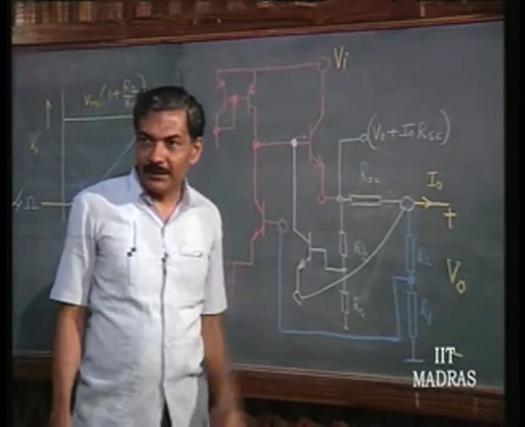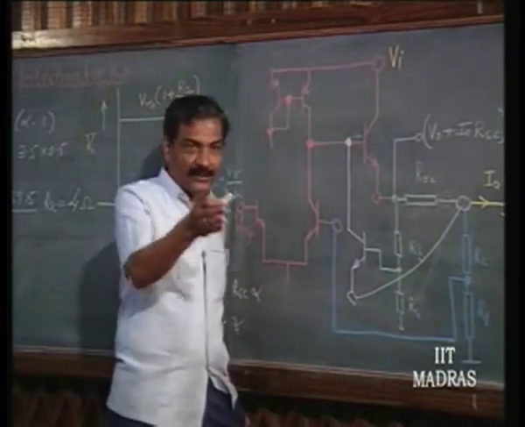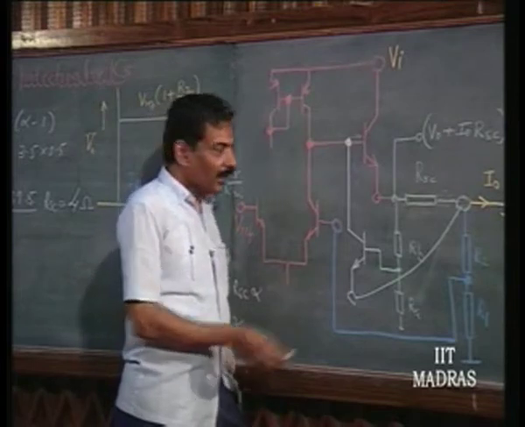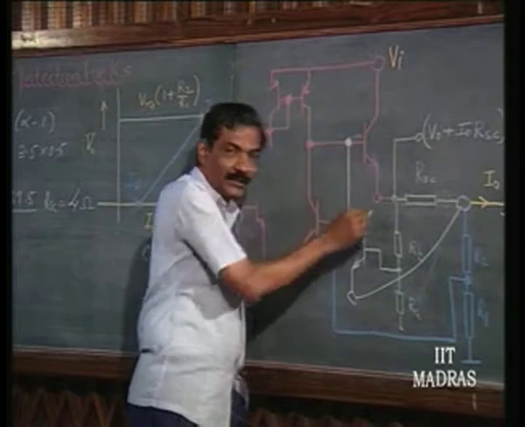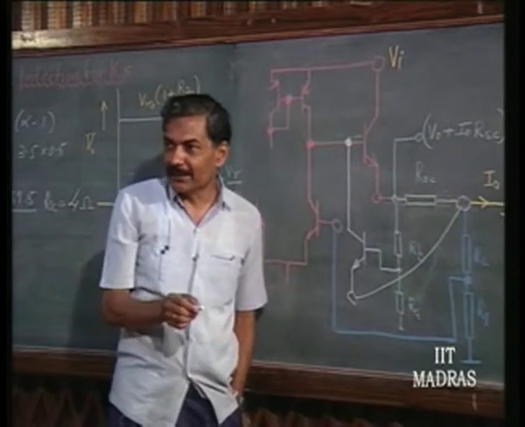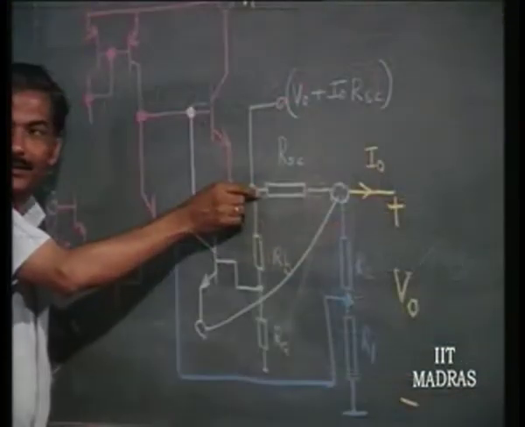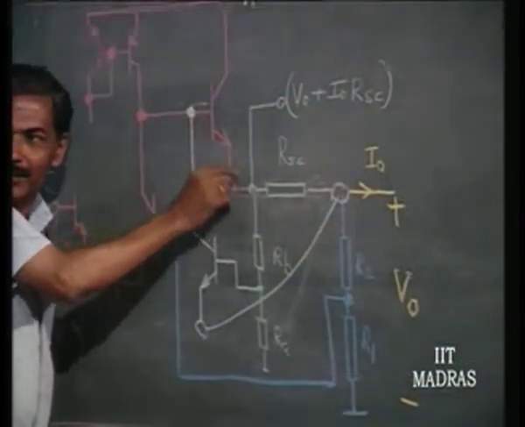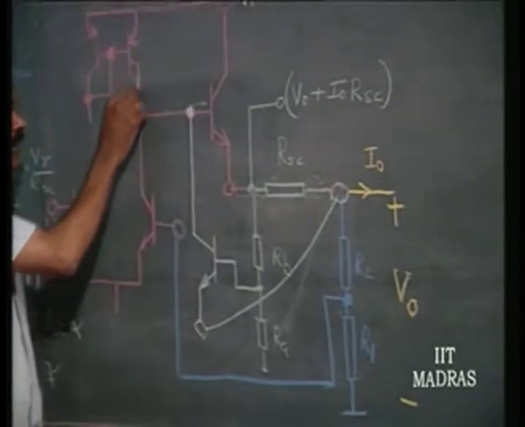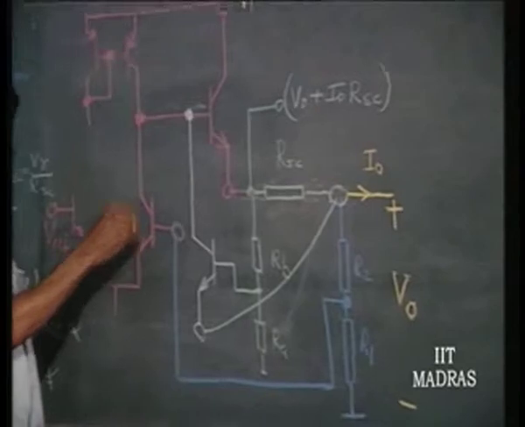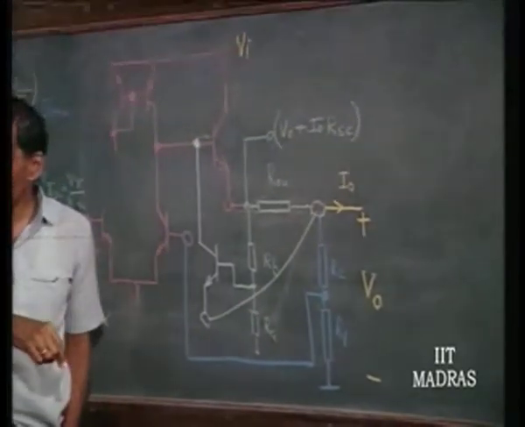Just look at it, since he has pointed it out: RSC plus Re of this transistor. But if the transistor is operating at high current, that small Re is going to be negligible. So, RSC is what is going to fix the basic output resistance without feedback, and then the output impedance of this current source, that divided by beta.